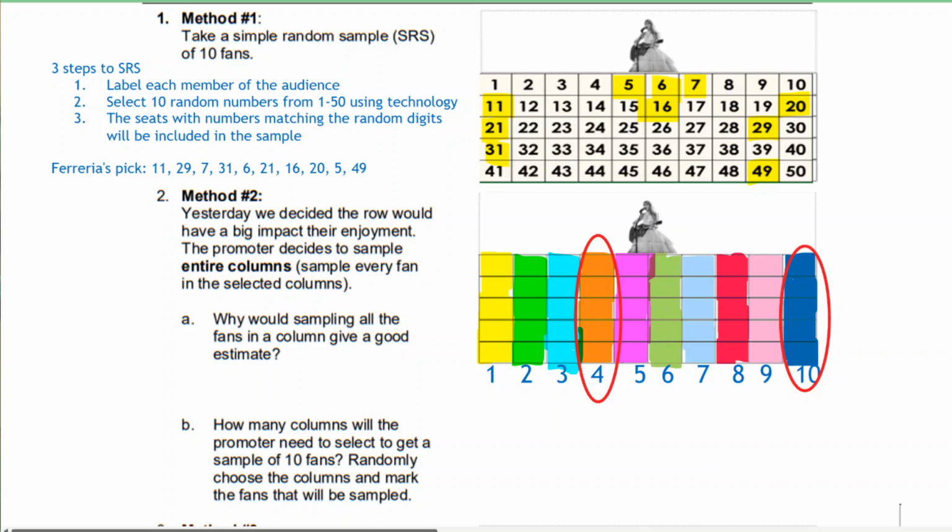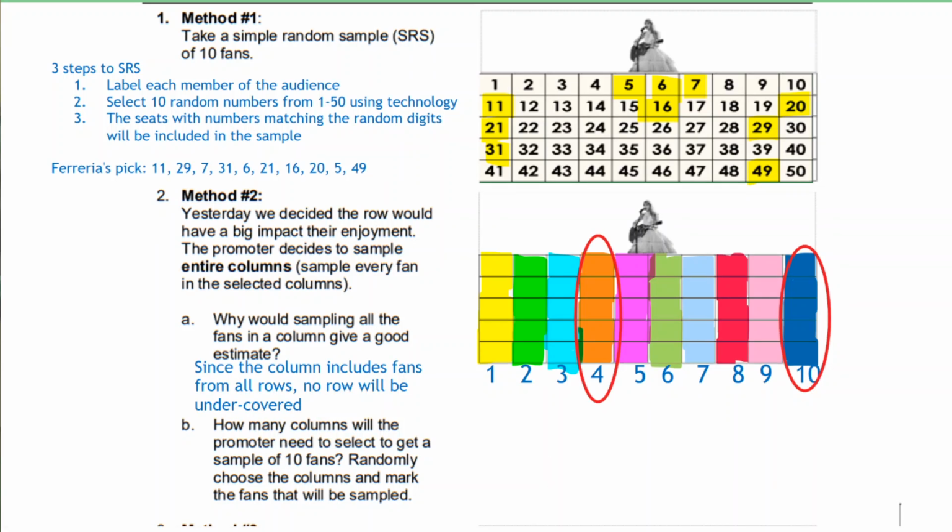Okay, question A. Why would sampling all the fans in the column give a good estimate? We already talked about this, and we said that since each column is going to include a fan from all of the 5 rows, there will be no row that is undercovered.